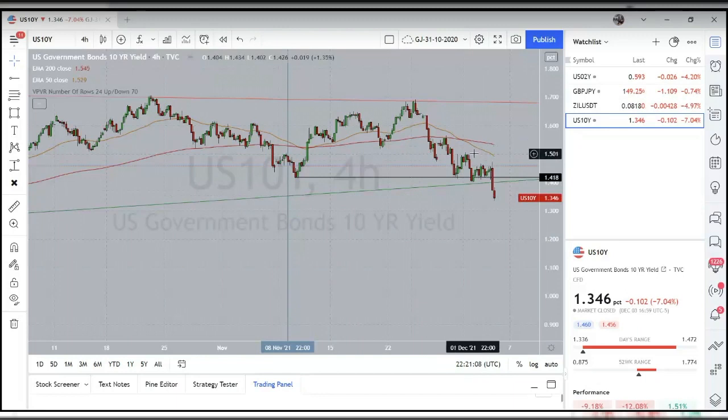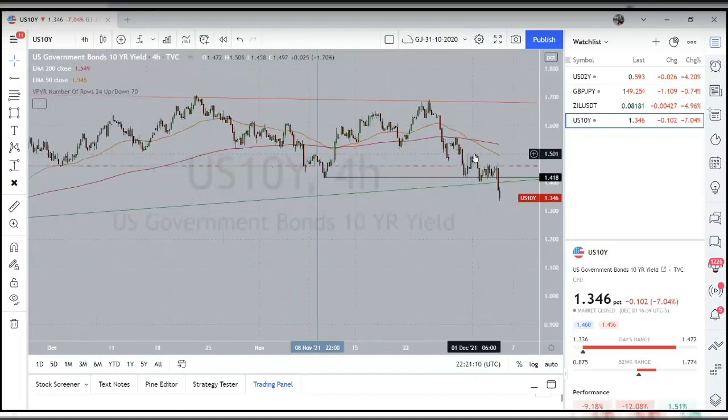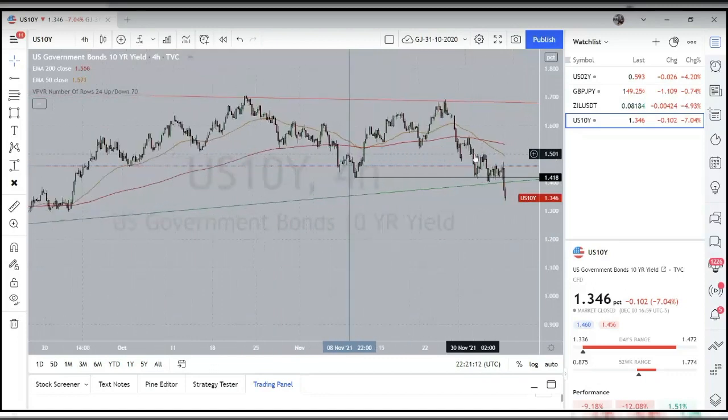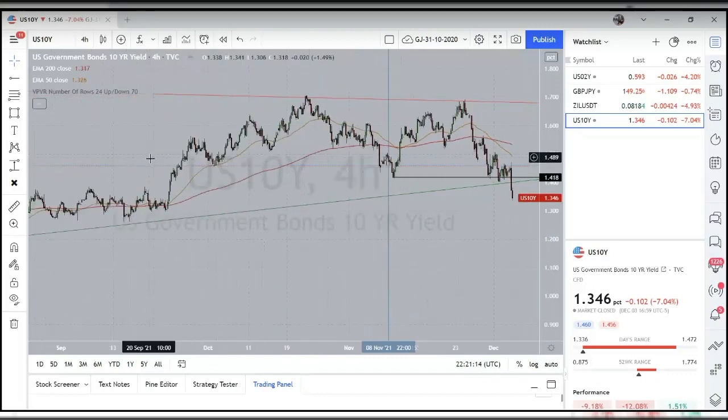And when yields go up, it means that there are a lot of people selling the bonds because there's better ways to make money. So they're moving their money when they perceive that there's not much risk in the economy. They move their money out of safe assets and go into riskier assets.